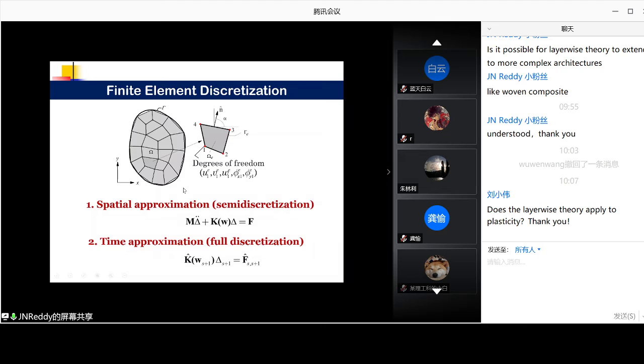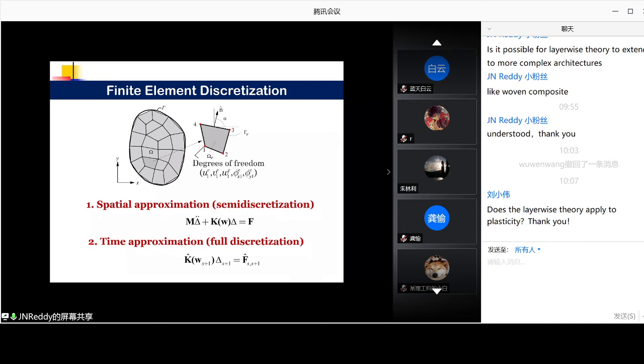I want you to know two things here. One, representing the geometry itself is an approximation in 2 dimensions. In 1D, we can do it exactly because they are lines. But in 2D, it can have curved faces, so making the mesh refined will take care of the geometry representation. Then we also have to approximate the displacement field that I'll show you in a minute. That would be another mesh.